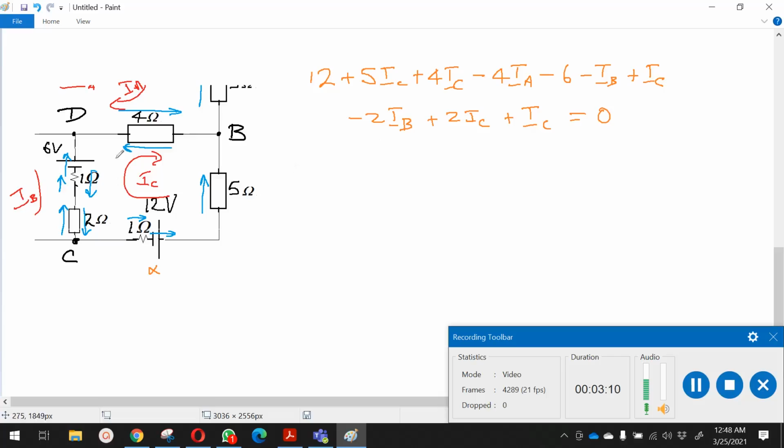I hope I didn't miss anything there. Let's check. Again, starting from the 12, 1, 2, 3, 4, 5, 6, 7, 8, 9, 10. That seems to be okay. So now we do the same operation and gather all the like terms together. So 12 and 6 is 6.